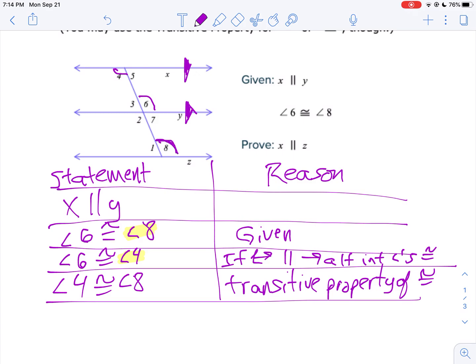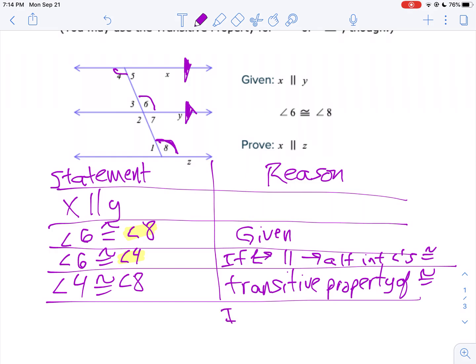Oh, look at that. If I ignore line Y, what kind of angle pair are 4 and 8? Well, they're alternate interior angles. So it's going to be just the opposite of what we did in line 3. We can say, since these angles are congruent, that makes the lines parallel.